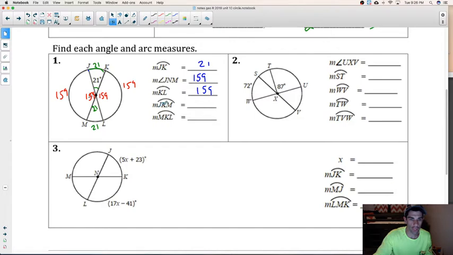Arc JKM, so trace in that order, J, K, and M, and that was 21 plus 159 plus 21, which is 201. Finally we have arc MKL, so trace again in that order, MKL.